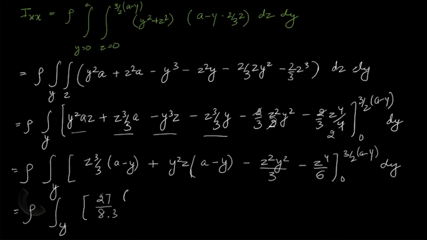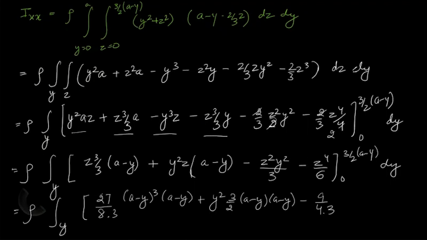This is (a minus y) whole cube and then (a minus y), then plus y square plus 3 over 2 (a minus y), and then (a minus y) minus 9 over 4 (3a minus y) whole square y square minus 81 over 16 (a minus y), then dy. So let's move to the next page.